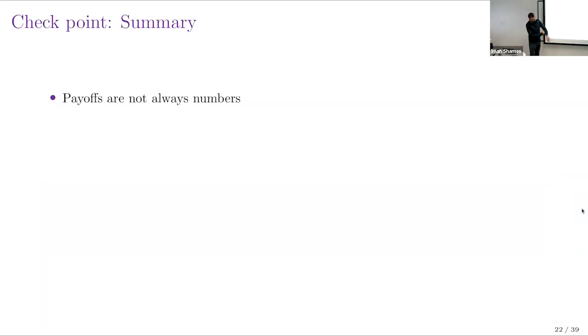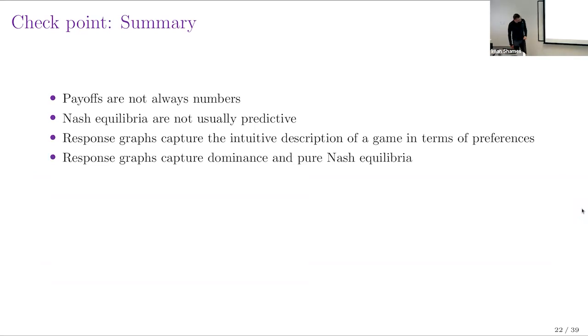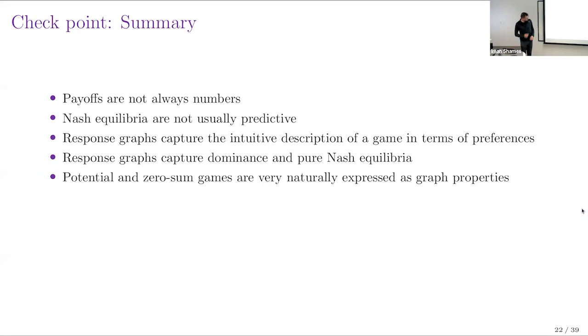Okay, good. We made it halfway, and we are at the halfway checkpoint. Payoffs are not always numbers. Nash equilibria are not usually predictive in this setup. And response graphs capture the intuitive description of a game in terms of preferences. Response graphs capture the dominance and pure Nash equilibria.